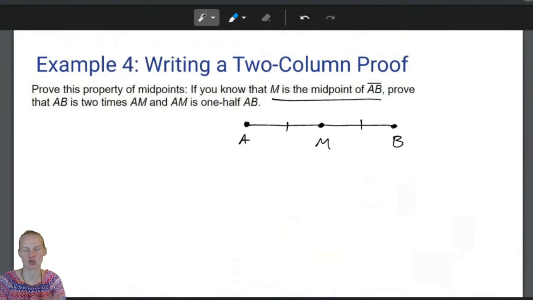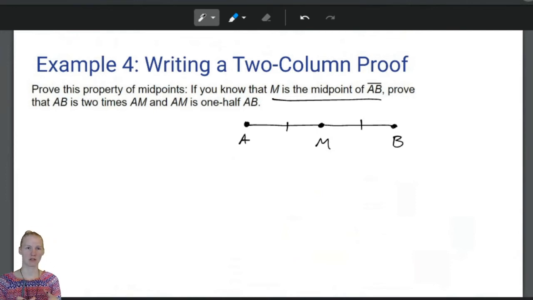That's just the definition of a midpoint. We know that, so I can put these tick marks on my diagram. So if I know that M is the midpoint of AB, prove that AB is 2 times AM, and AM is 1/2 of AB.